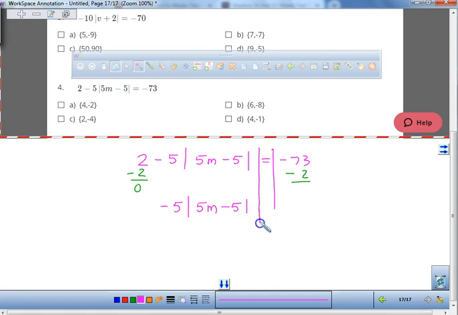And what's that all equal to over here? Boom, -75. That's super, super, super important. Important, not important. It's important. Okay, so now what could I divide everything by?